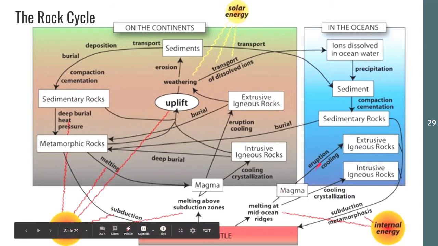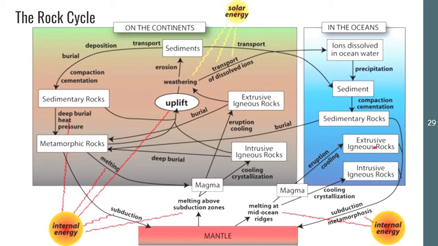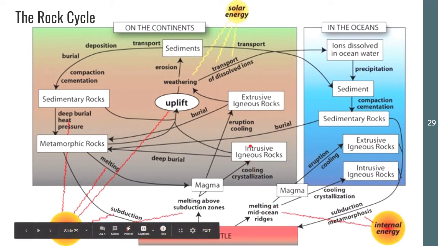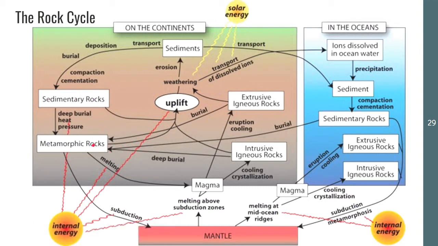But when they erupted and cooled outside the Earth's surface, but still underwater, we still call them extrusive igneous rocks. Another fate is for them to be subducted into the Earth's mantle. Intrusive igneous rocks can still undergo deep burial to become metamorphic rocks, or sedimentary rocks can undergo burial to become metamorphic rocks, and so on. So these are the possible fates of the different rocks of the Earth's surface.